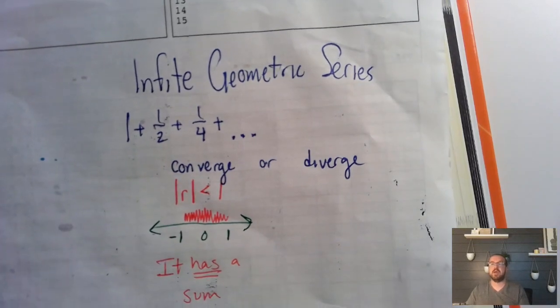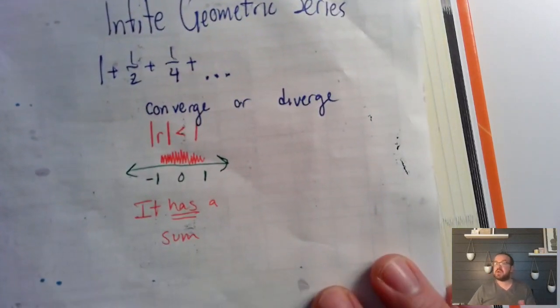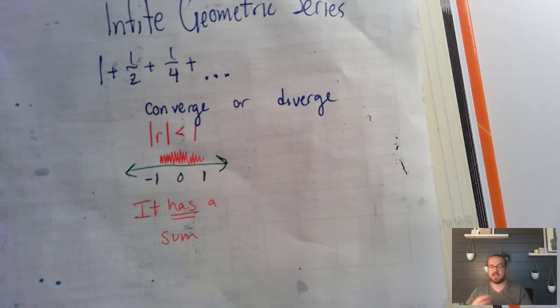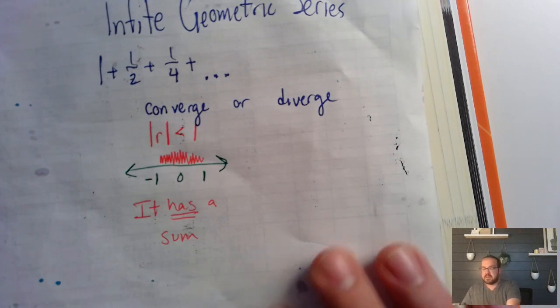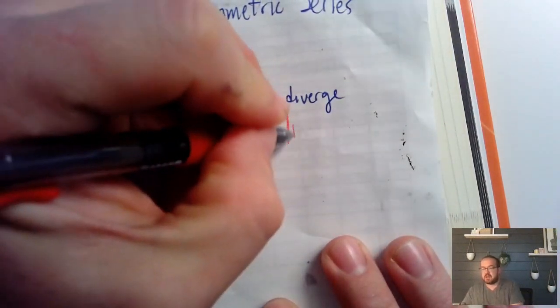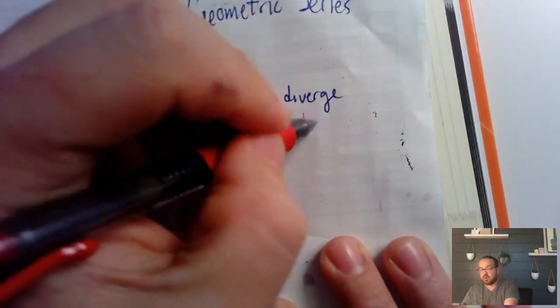Now, let me give you an explanation of diverges here, and then we'll see what we really have for this pattern. A diverge, if you recall, meant that the absolute value of my common ratio was actually greater than 1.